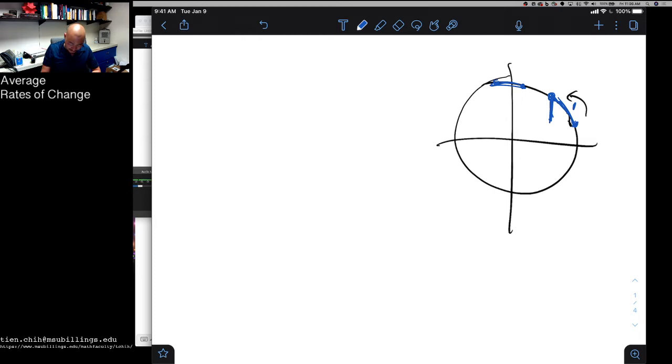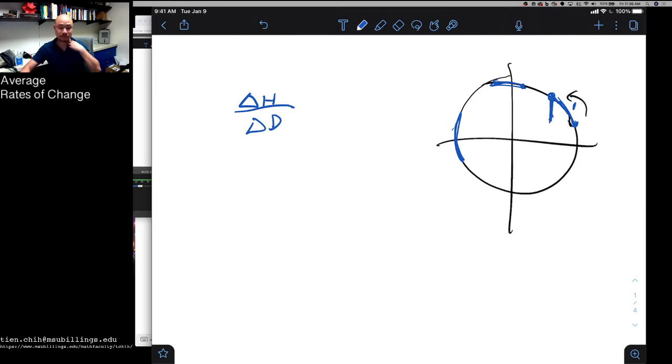If I go from here to here, then that change can be very steep. So again, the question we're asking about is, how can we make sense of changes in height over changes in the distance traveled?